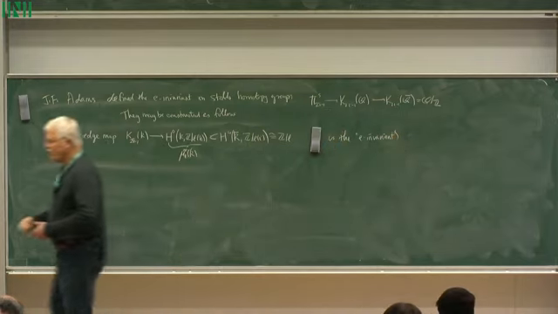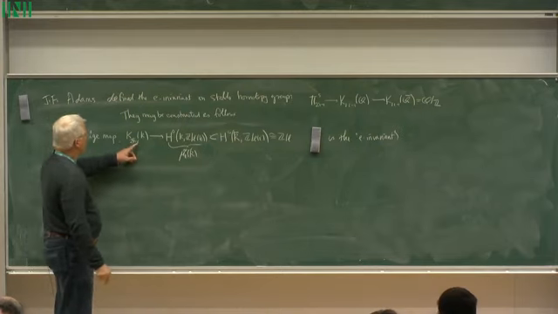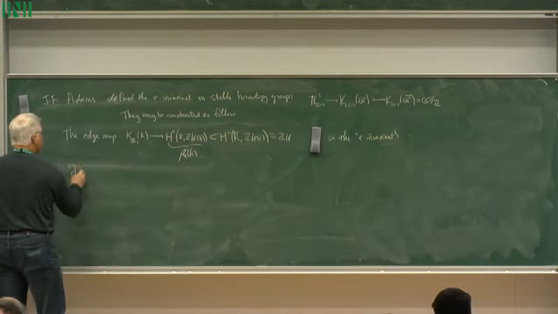So if you take any field of characteristic 0 and you take this composition of maps, you get a map from the K theory to mu L tensor i. So here's an example.